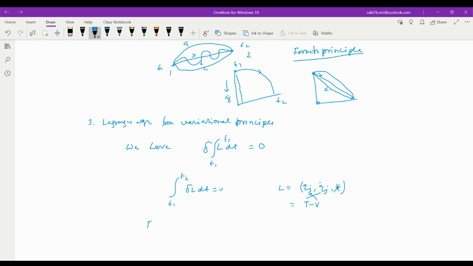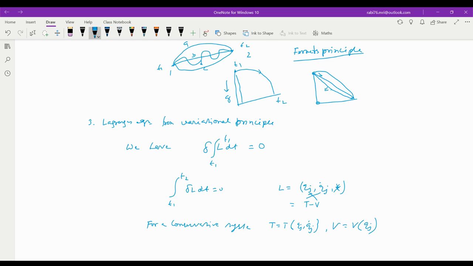So for a conservative system T may be a function of qj and qj dot, but V is a function of qj only, not qj dot.